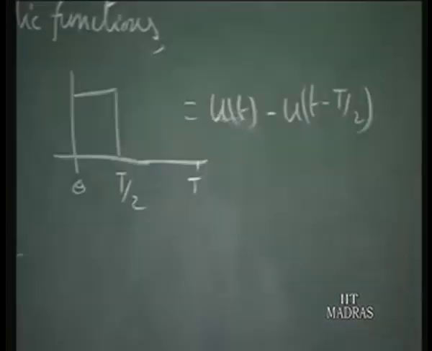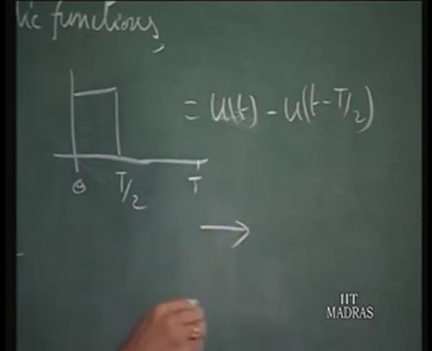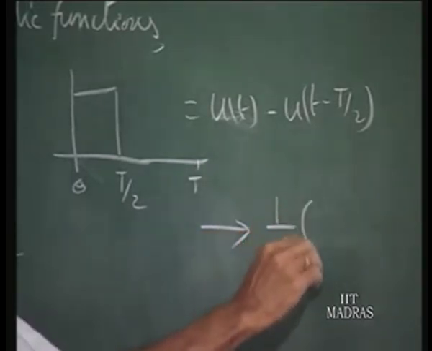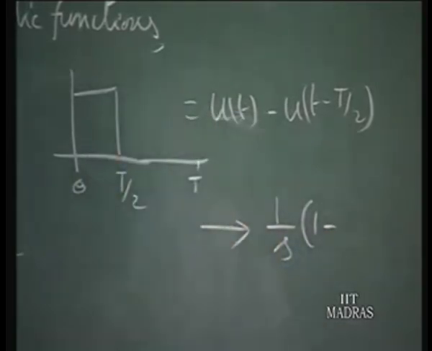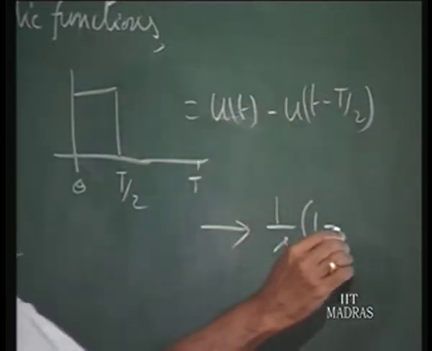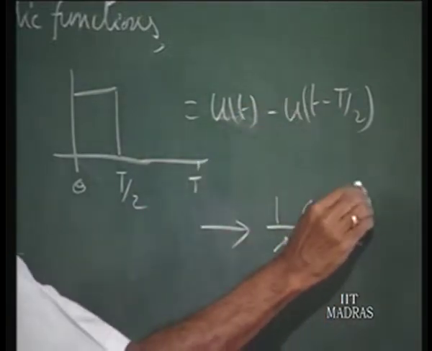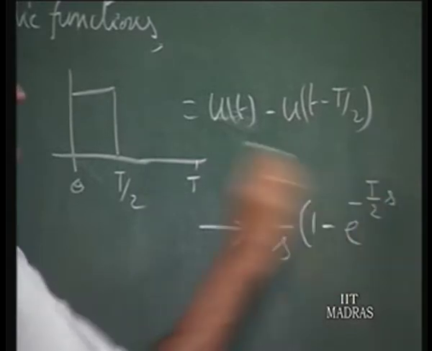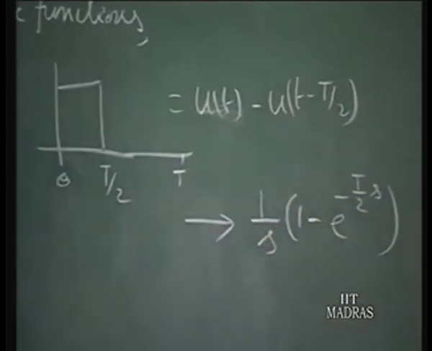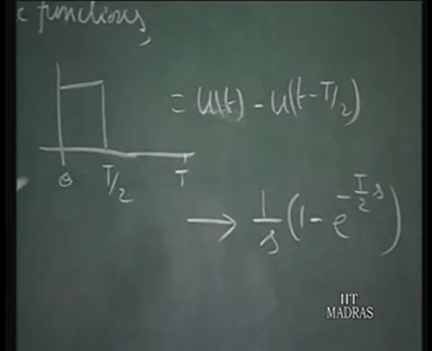This function is simply a step function minus a delayed step function starting at small t equals T upon 2. Therefore, the Laplace transform of this is 1 over s. The Laplace transform of this is the same 1 over s, but multiplied by e to the power of minus T upon 2 times s. That is the Laplace transform of this.